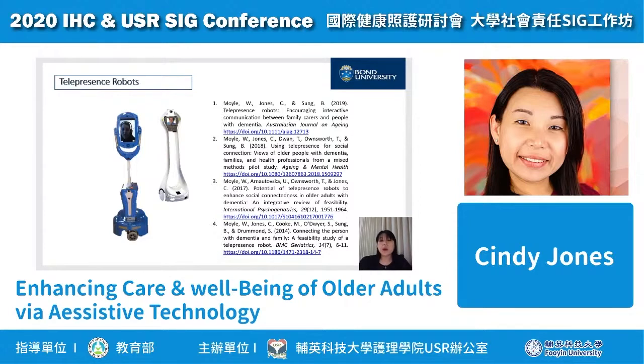On this slide, I have listed some of my recently published articles on telepresence robots, on research that I've conducted with my mentor as well as my colleagues over the years.